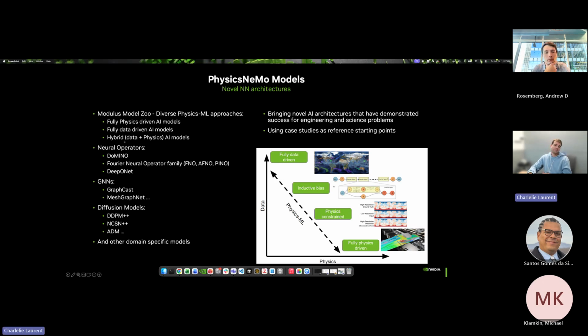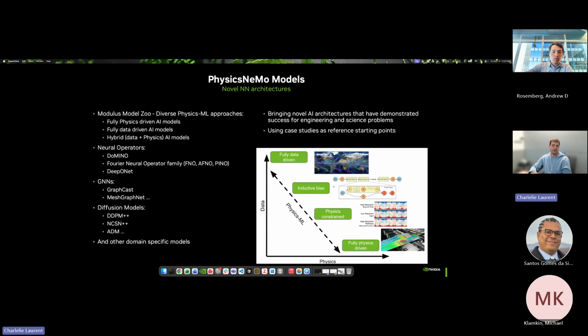Yeah, so this is just an overview of what we have in the model zoo. I'd say we have a lot of architectures there. There are a lot of fully data-driven models, like we have Domino, we have all the neural operators, we have DeepONets, we have FNOs, we have the PINO, the physics-informed neural operator. So a lot of stuff that we do is physics-informed.